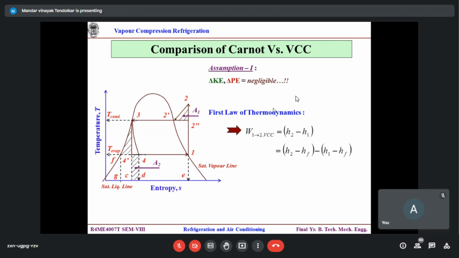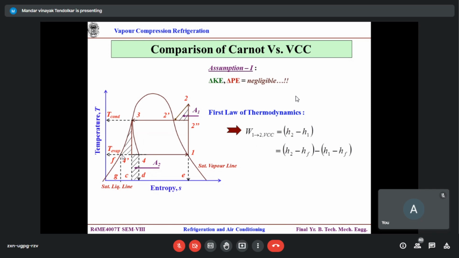And here I will see that the work process related to the compression, that is 1 to 2, will be H2 minus H1. Now how do I read this H2 over here? It will be H2 minus HF here, correct? And H1, which is over here, minus HF, correct? HF cancels, doesn't matter.